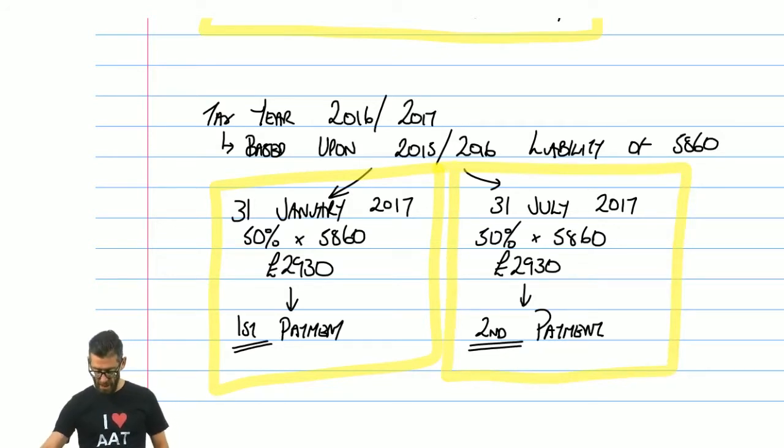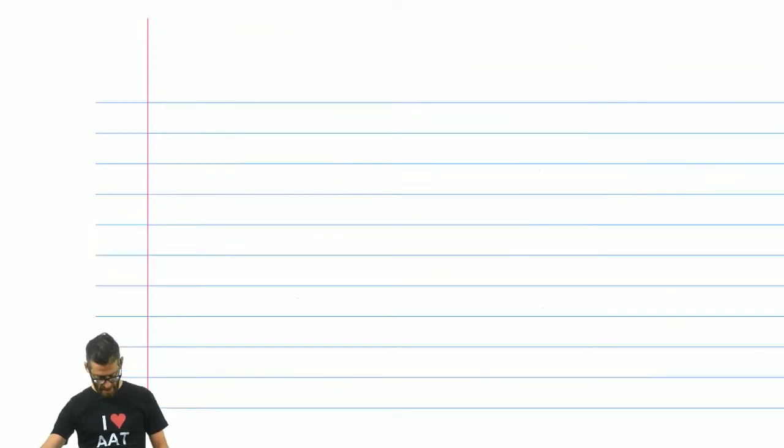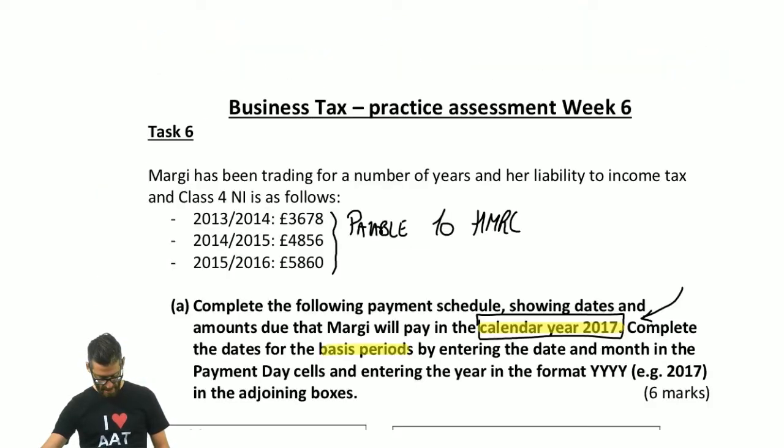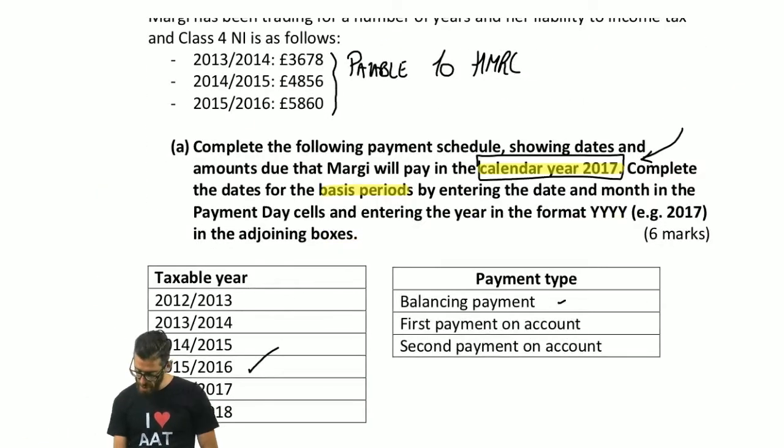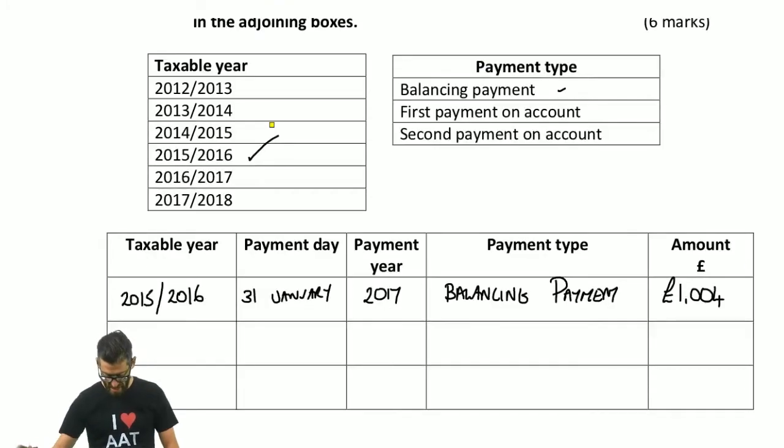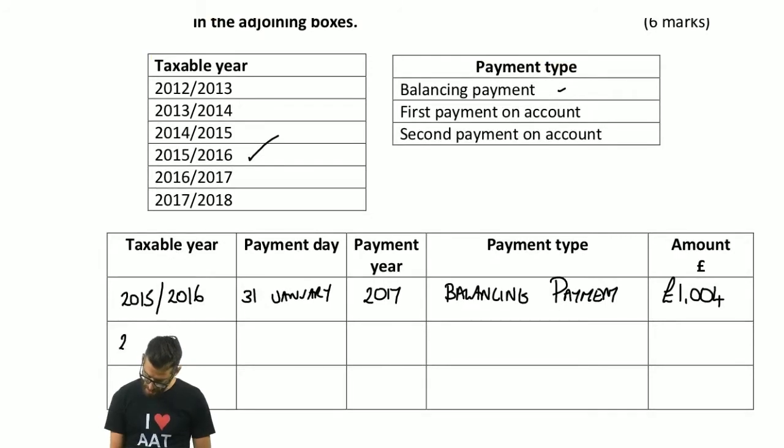And magic, we can now go back and even though it didn't say to us 16-17, that's what we're doing here. The 2016-2017 first payment is on the same day as that balancing payment.